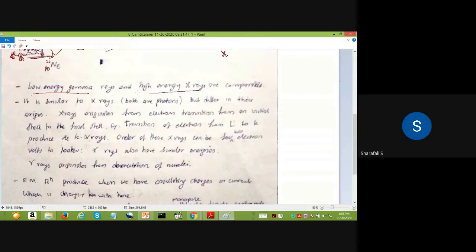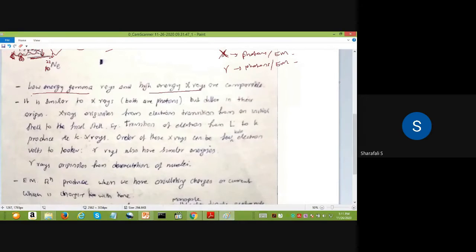So remember that: beta and alpha decay are particle decay processes, but gamma decay is electromagnetic radiation, or photons, coming out. It is similar to X-rays, which are also photons, with comparable energy.